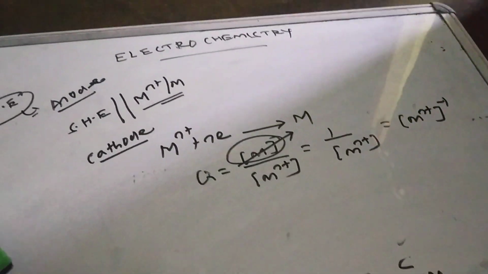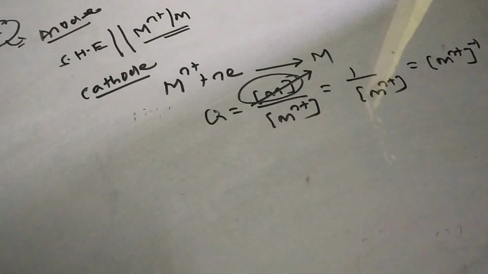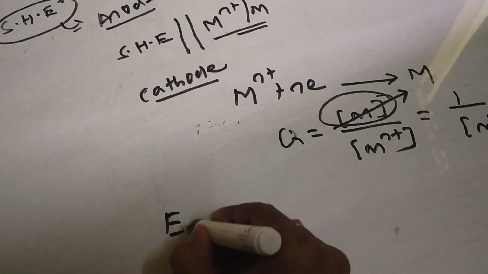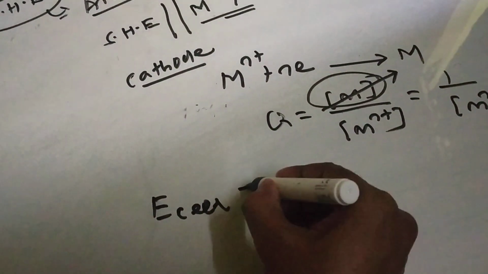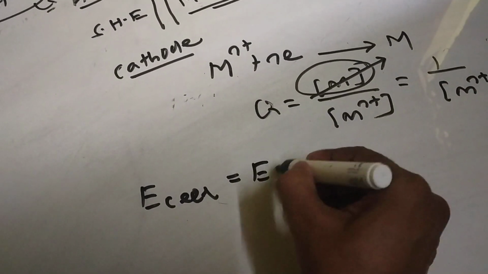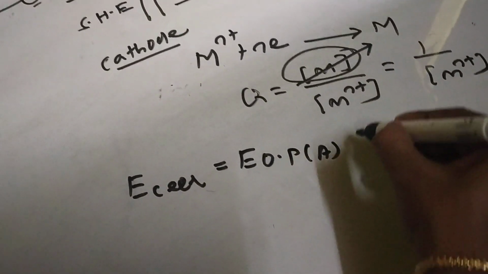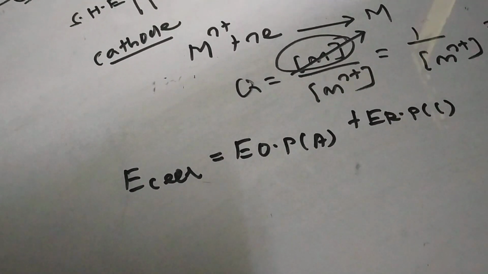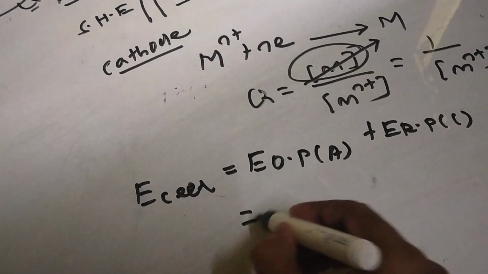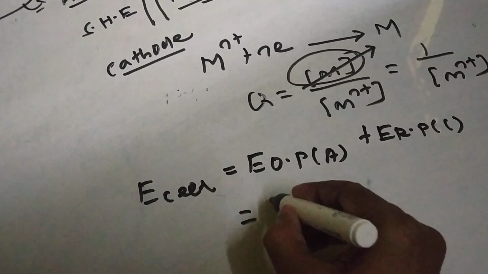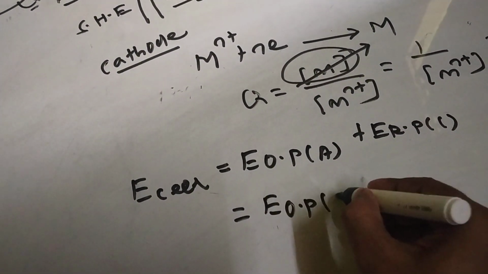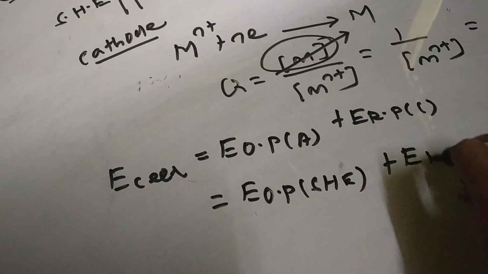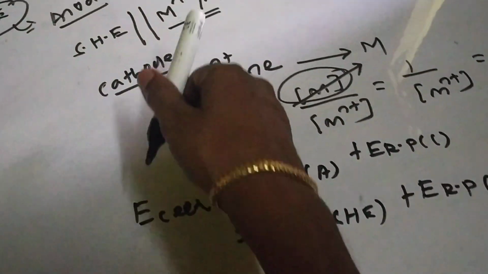Now what will be the E cell value? E cell is equal to the oxidation potential at the anode plus the reduction potential at the cathode. The anode is SHE, so that is the oxidation potential of SHE plus the reduction potential.